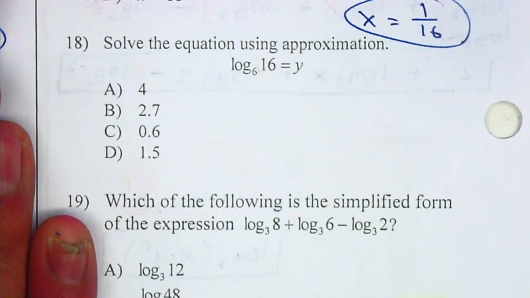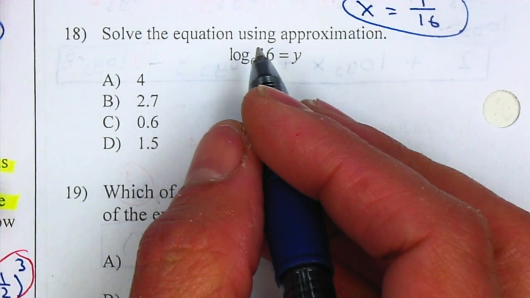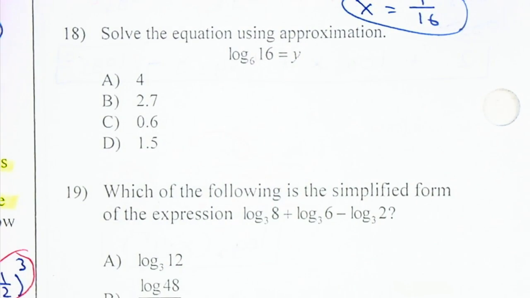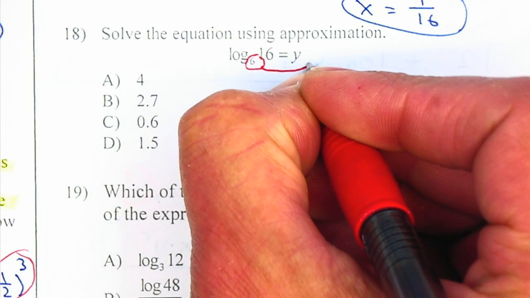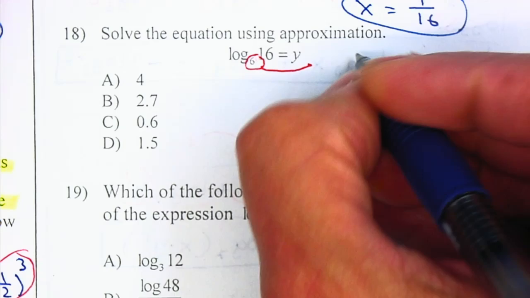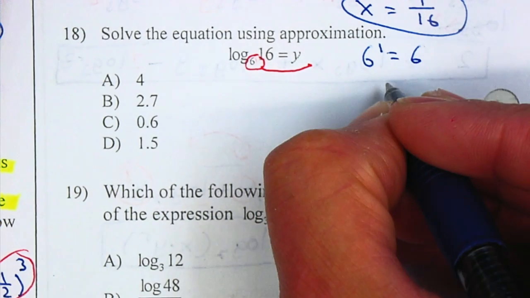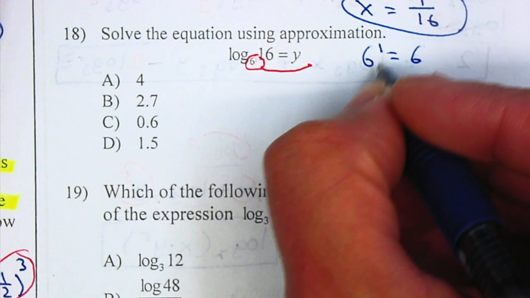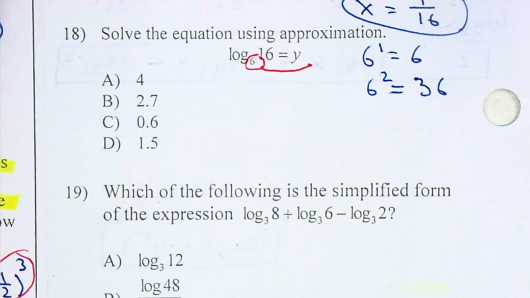Problem number 18. Solve the following equation using approximation. You want to be able to approximate, so 6 to what exponent is equal to 16? Let's see. 6 to the first power is 6. That's too small. 6 to the second power is 36.